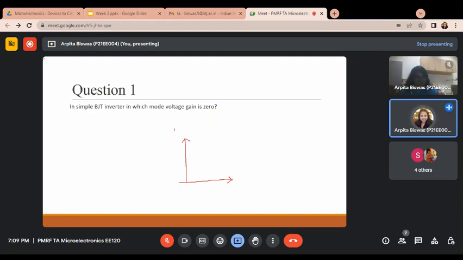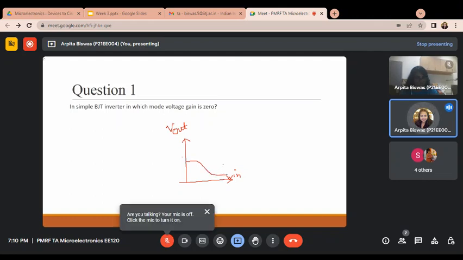This is the V output, and from this side, this is the V input. Have you seen this type of diagram, the input-output characteristics of a BJT inverter? Yes, ma'am. It is a VTC curve.